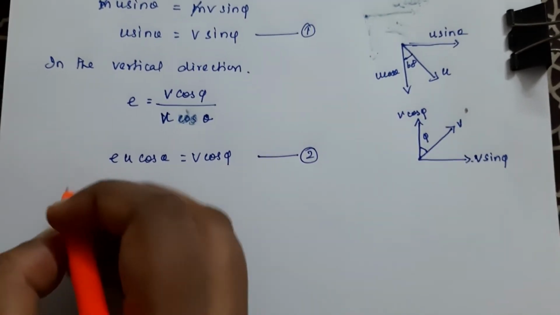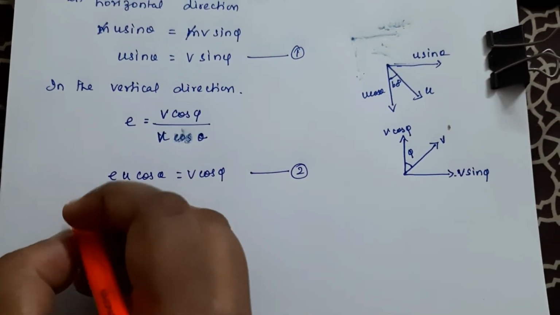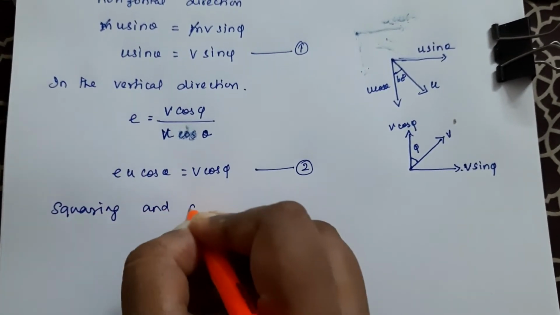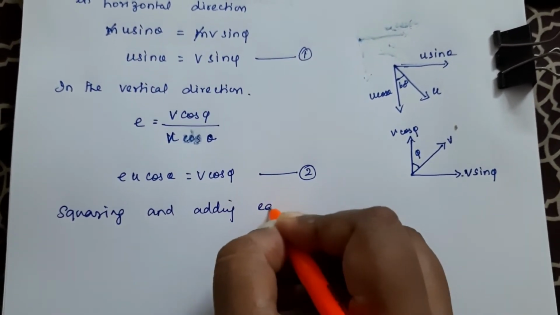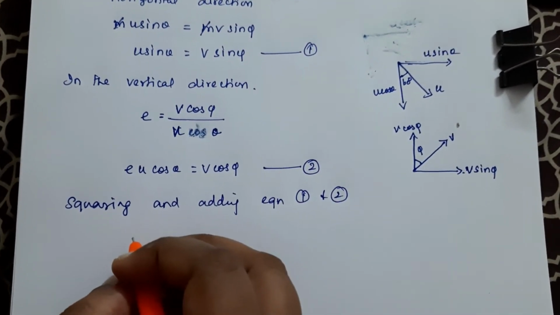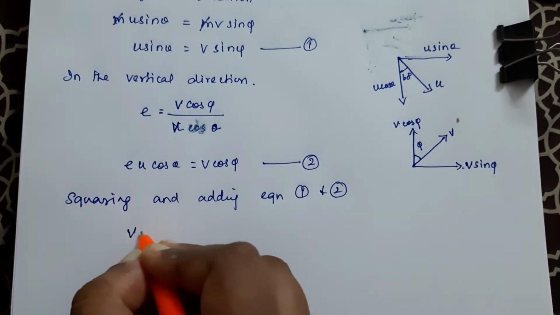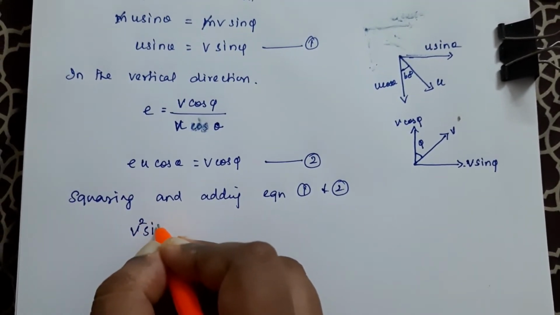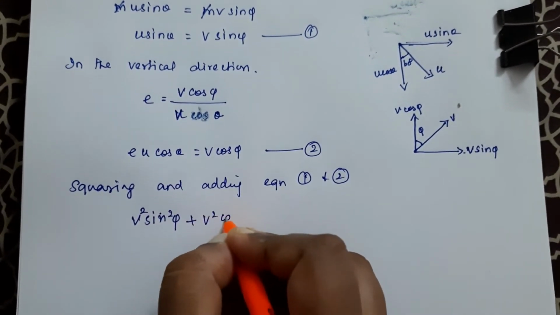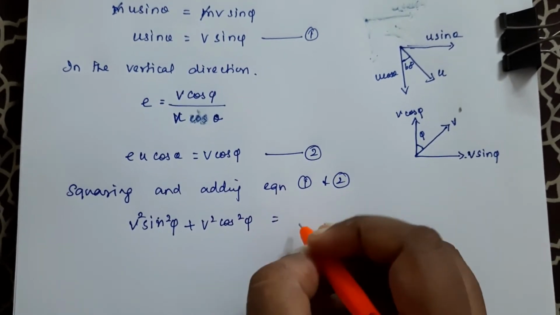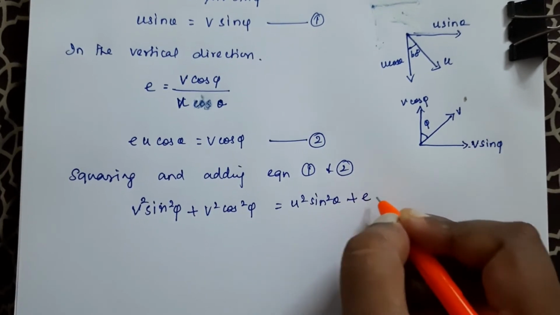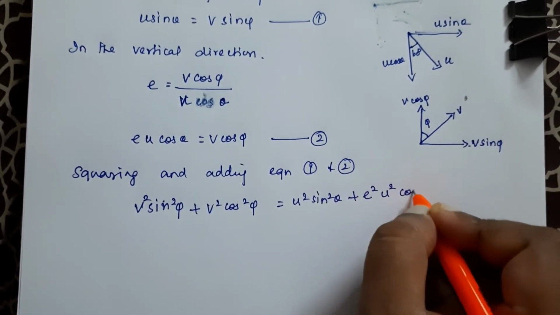Now squaring and adding equations 1 and 2, what will we get? v square sin square phi plus v square cos square phi is equal to u square sin square theta plus e square u square cos square theta.